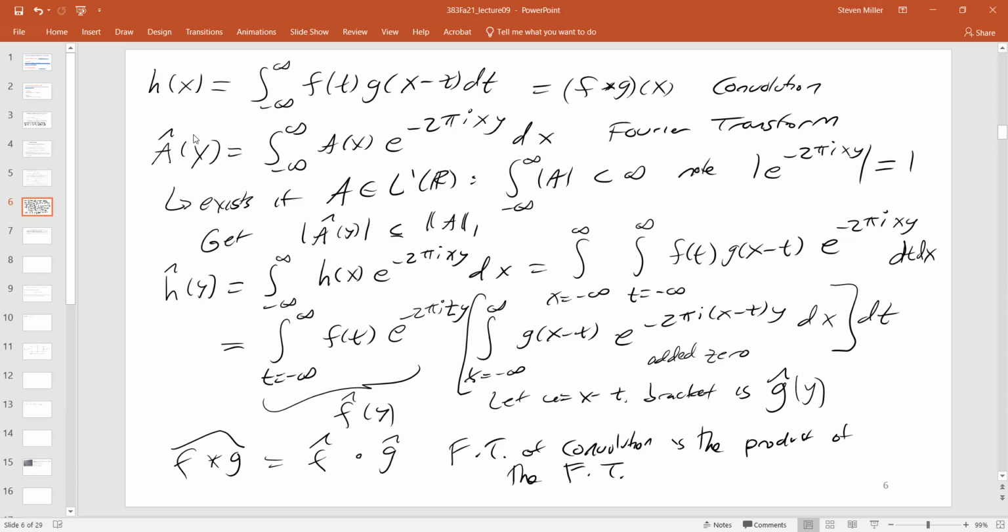Because when we do this integral, there's no t dependence anymore. I get to shift, I replace x minus t, I call that u, and u goes from minus infinity to infinity. This is just g of u e to the negative 2 pi i u. That's the whole reason we do the change like this. This is an extremely common technique which allows us to attack the variables one at a time.